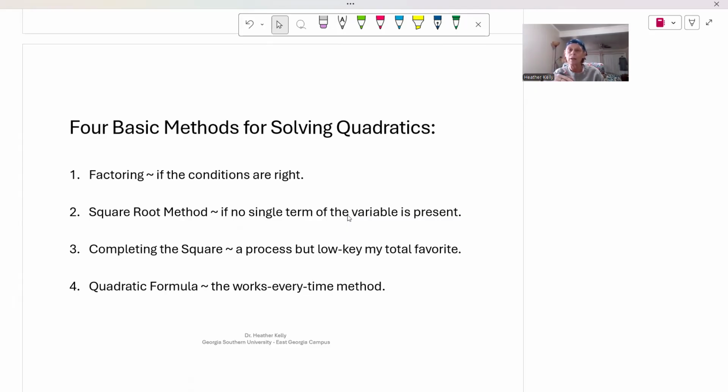So it's good to go ahead and start understanding it. And it's a process to do, but low key, it is for real my favorite method. And then there's the quadratic formula, which you all should be very familiar with. And that's that tried and true, works every single time, but a lot of times people don't really know what to do with the answers in terms of turning them back into factors. So anyway, these are the basic four methods that we're going to talk about today.